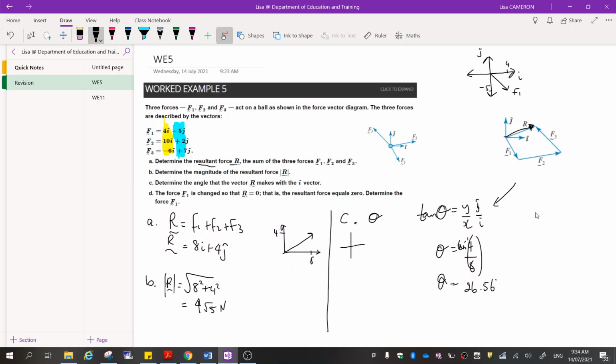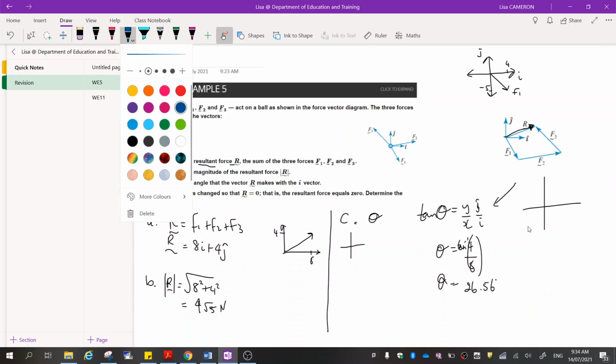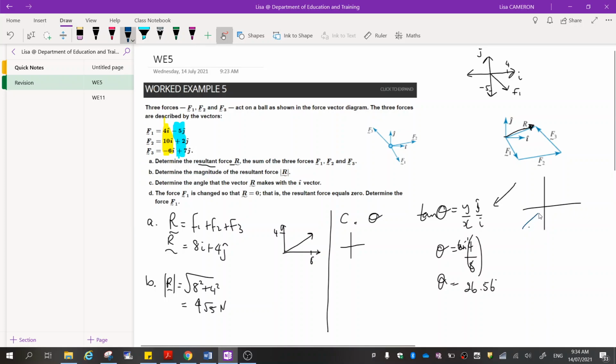Now, I want you to think about this in what we're actually finding. Okay, if this is my, I'll do it in a different colour. Let's say this blue is my vector. Okay, and like that. Okay, so that's the line that I've got.